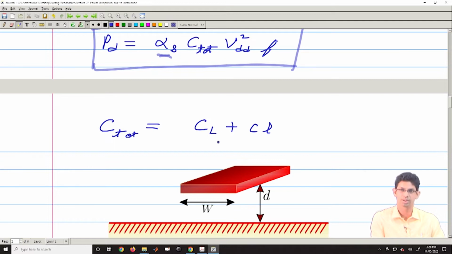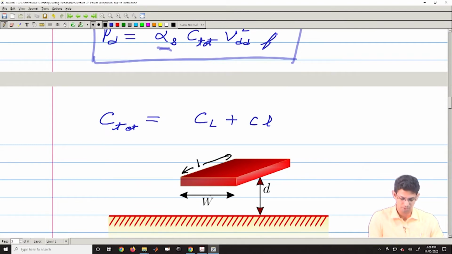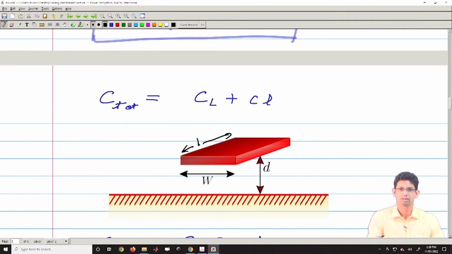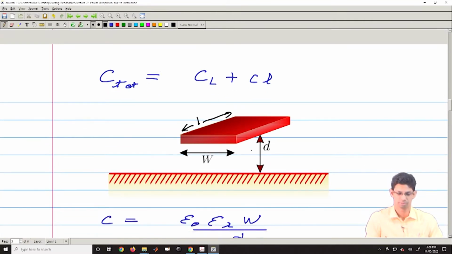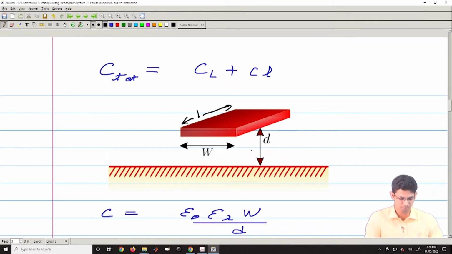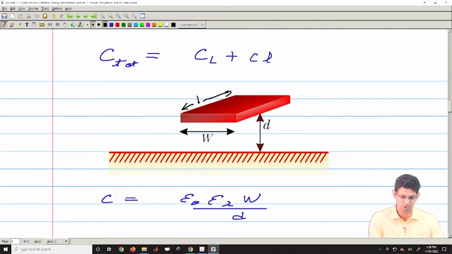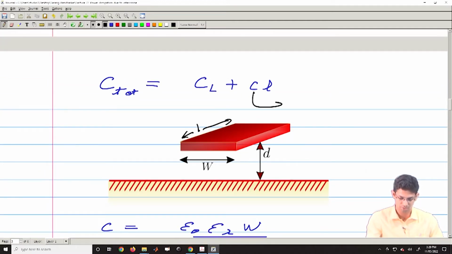That is the load capacitance plus C into L, where L is the length of this interconnect and W is the width. So, for this, if I take a simple parallel plate approximation, my C is equal to epsilon naught epsilon r W by d. C is per unit length.